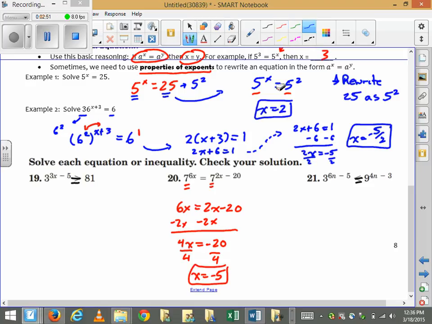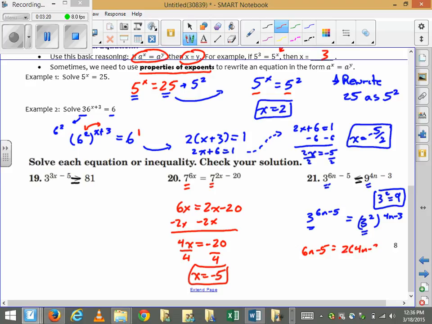Number 21, this one's probably a little bit easier than 19 because I've got 3 and 9. However, right, 3 squared equals 9. That's kind of the trick I'm going to use here. So we'll have 3 to the 6n minus 5 equals 3 squared to the 4n minus 3. So what this is going to turn into, guys, now that I have the same base, I can basically get rid of them, and I'm left with 6n minus 5 equals 2 times 4n minus 3.